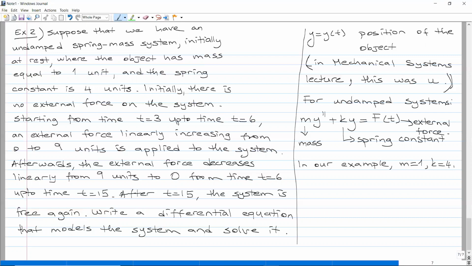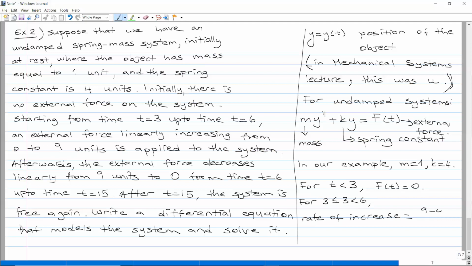Now, for the external force, we need to write a piecewise function. For t less than 3, external force is 0. For t between 3 and 6, the force increases linearly. It increases from 0 to 9.